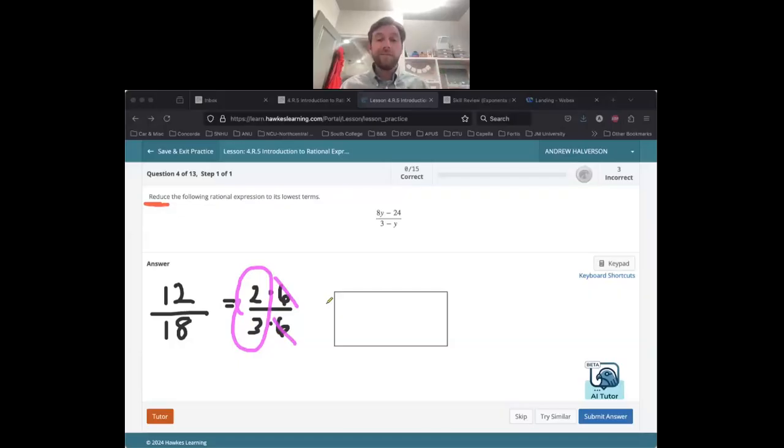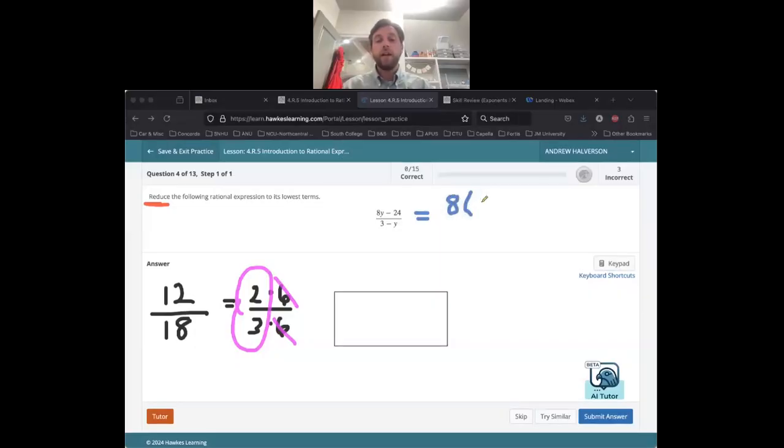Well, guess what? It's the exact same process now. So let's take something like this. Essentially, you factor the top, you factor the bottom, cancel the common factors. That's what the process is. So if we factor the top, 8y minus 24, the GCF is 8.